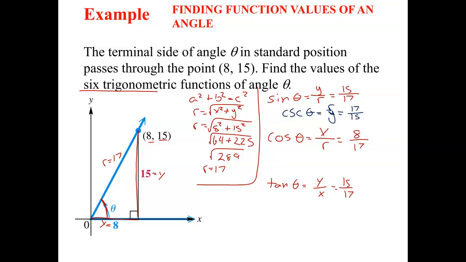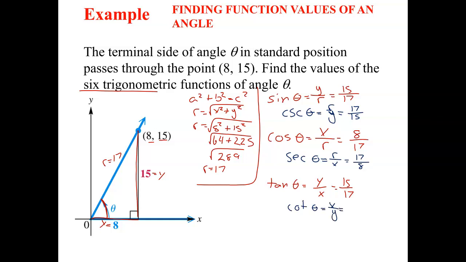Cosine's reciprocal is secant, which is r over x. So what's secant of theta? 17 over 8. And tangent's reciprocal is cotangent, x over y.